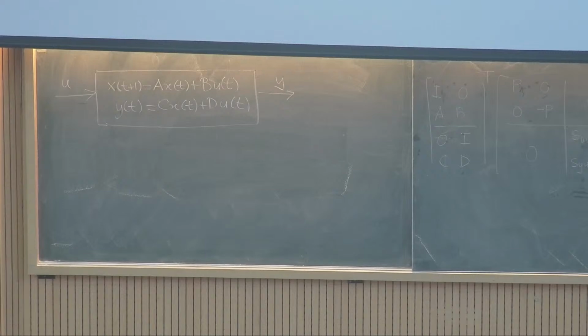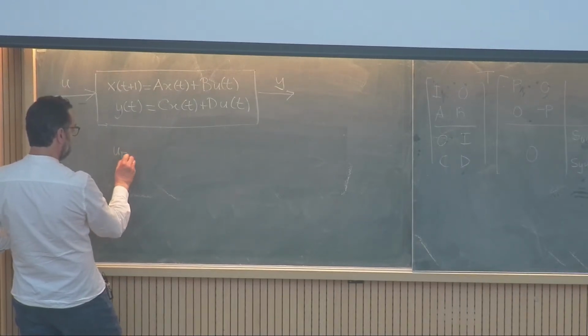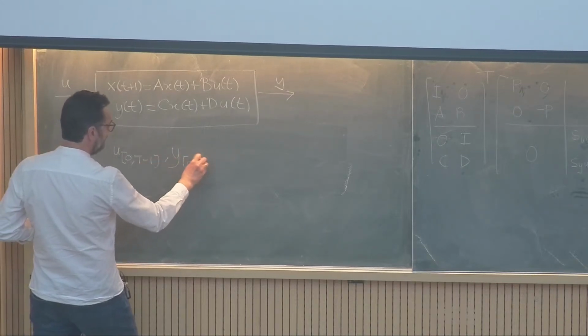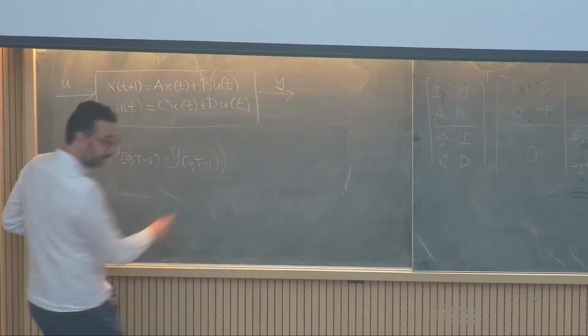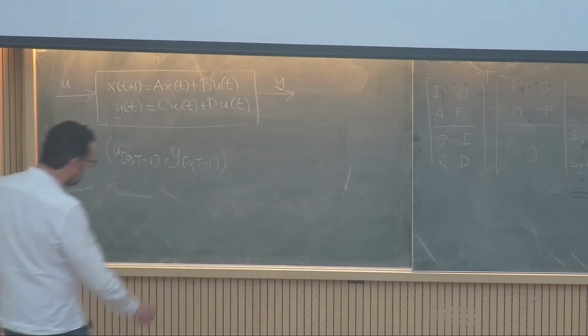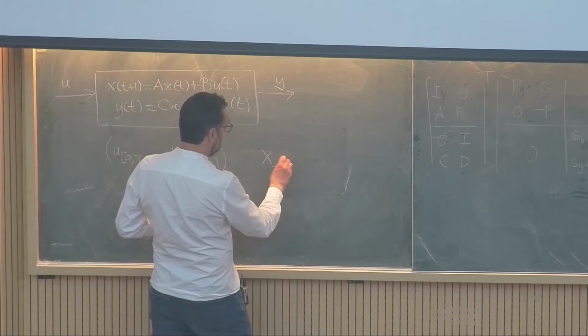And I want to find out all systems that can generate a given set of data. And so somebody gives me some input-output data. I know n, and I want to figure out all A, B, C, D, such that this is satisfied.